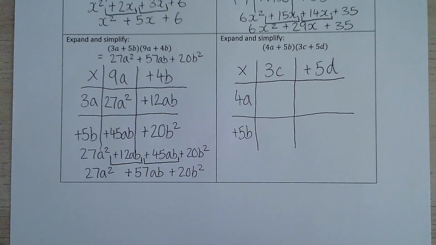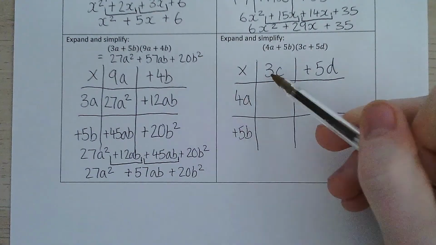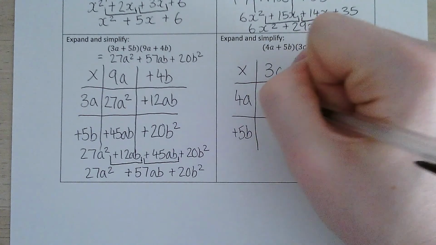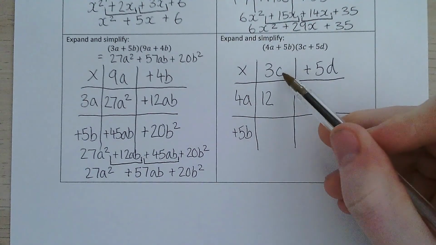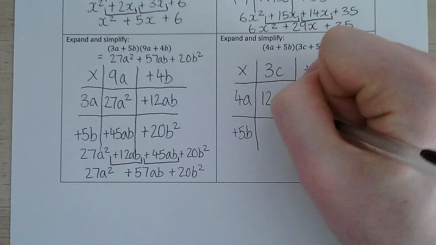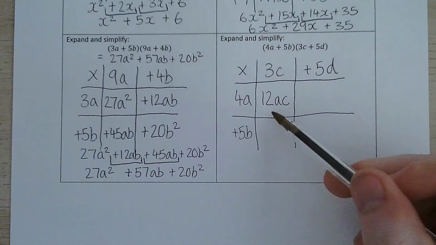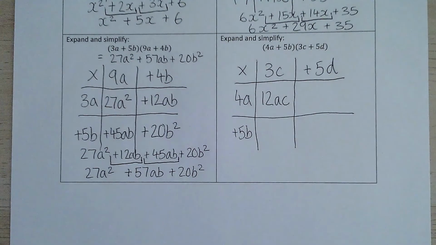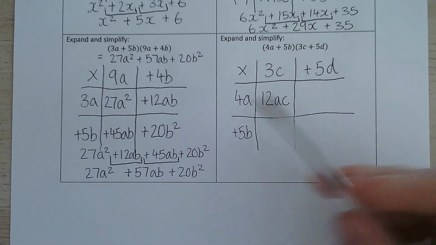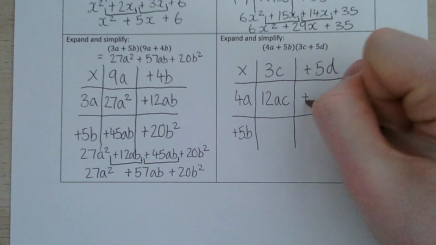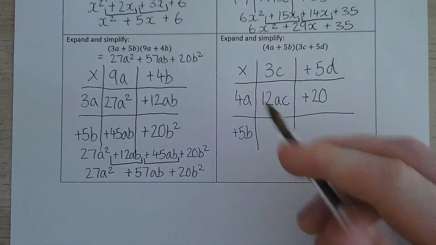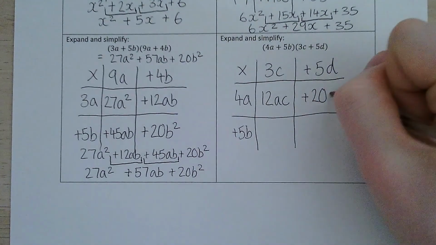We start by first multiplying the numbers together. So 4 times 3 gives us 12, and a times c gives us ac. When we multiply different variables together, we just write them one after another. Next, 4 times positive 5 is positive 20, and a times d is ad.